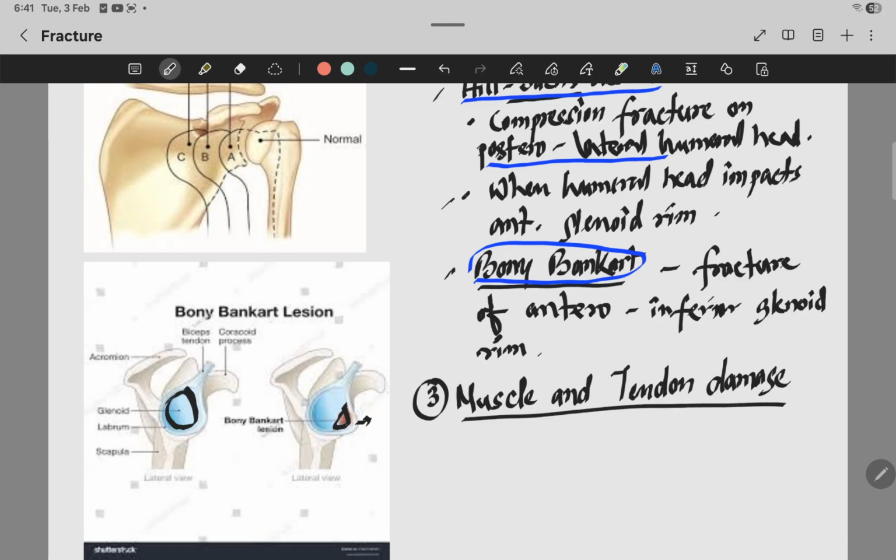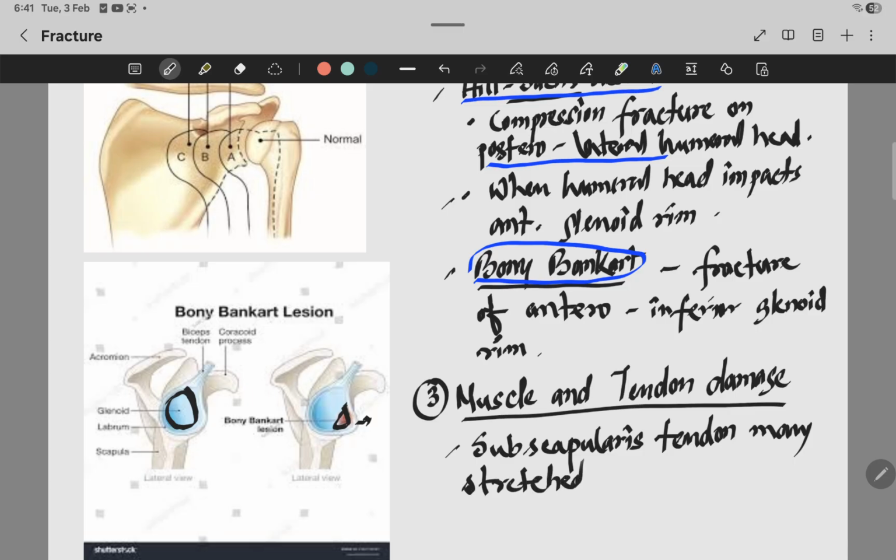Mainly in case of shoulder dislocation, the subscapularis tendon may be stretched or torn.